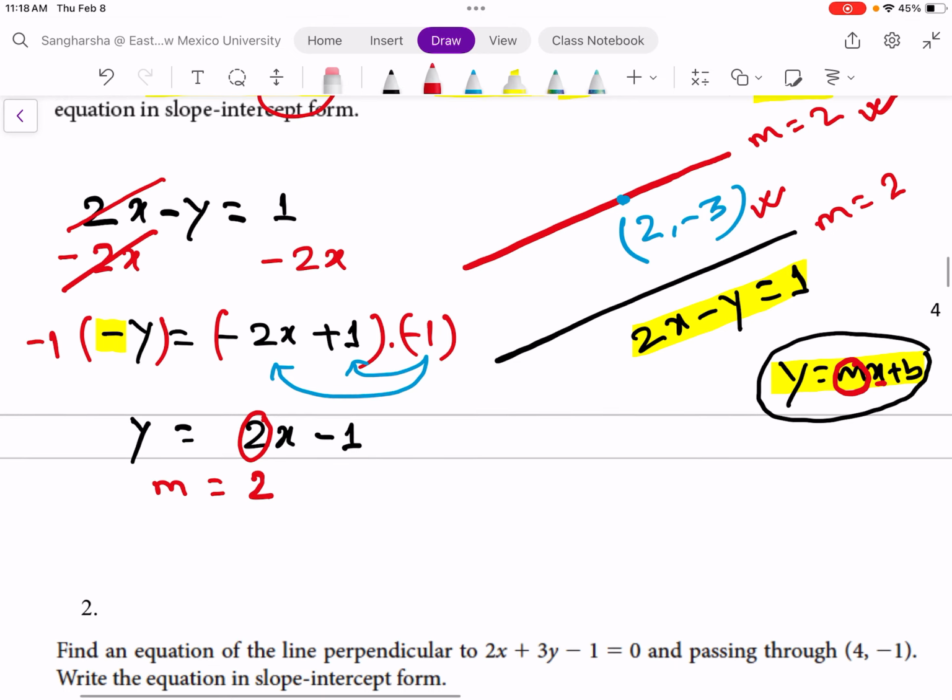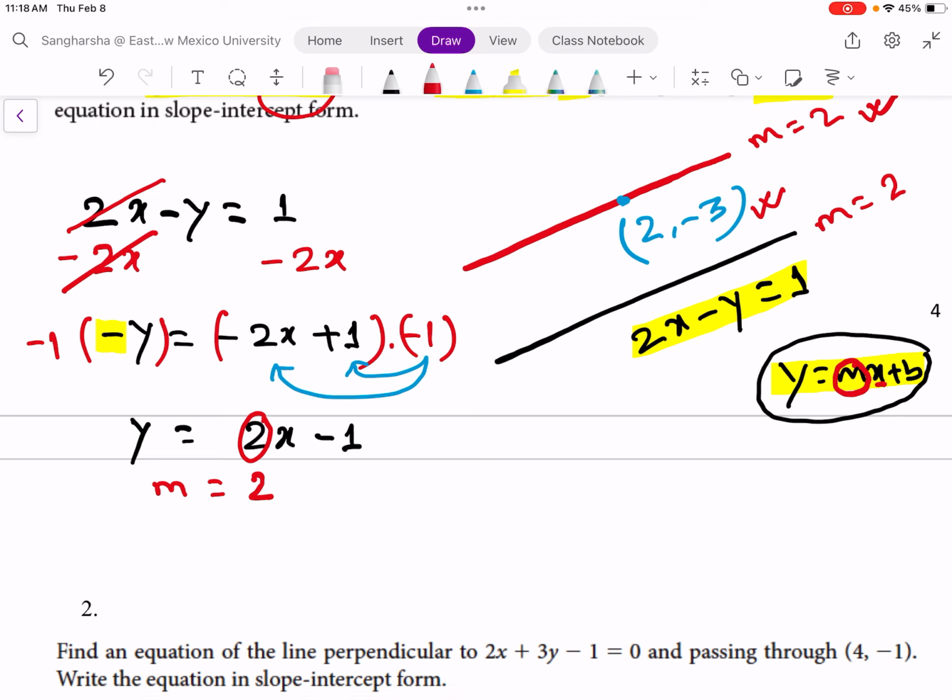We have two options. One option is using the slope intercept form, and the second option is using point slope form: y minus y1 equals m times x minus x1. Which one do we use here to find the equation of the red line? Slope intercept form, or point slope form?